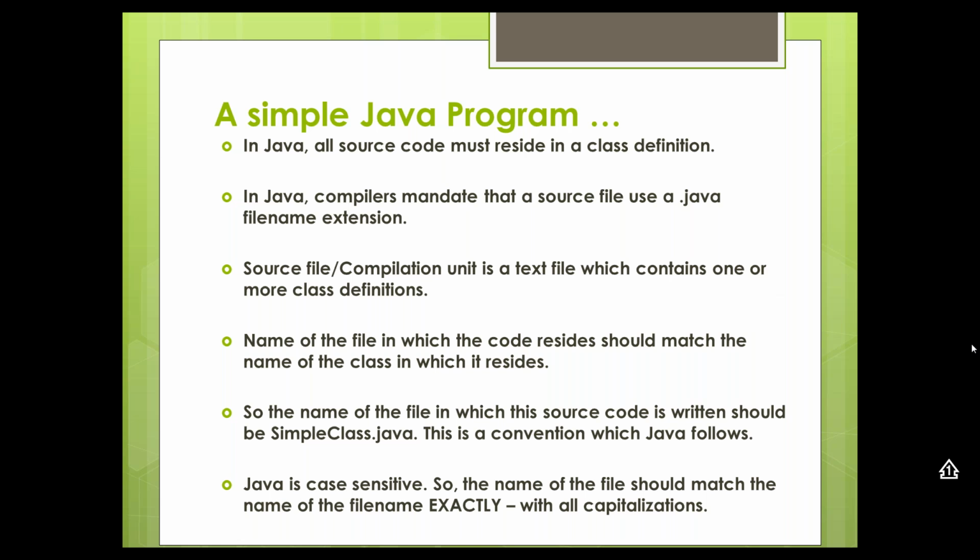The question being asked is, can we have multiple main methods within a class? We can have multiple methods with the same name, which is called method overloading.